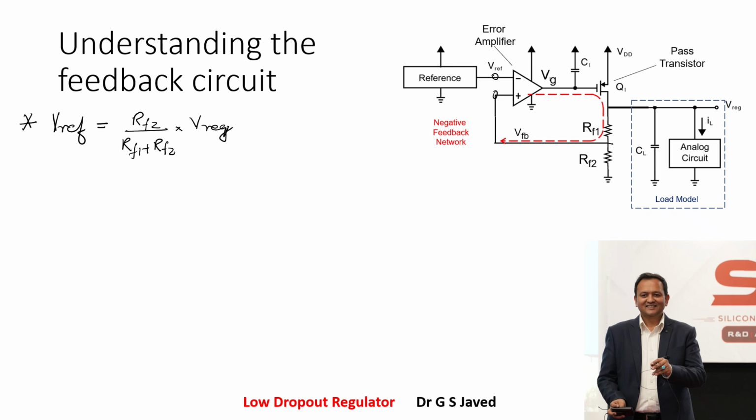Now what is the regulated voltage? The regulated voltage here is the difference between the power supply and the dropout voltage VDO, which can be called the VDS of the PMOS device.